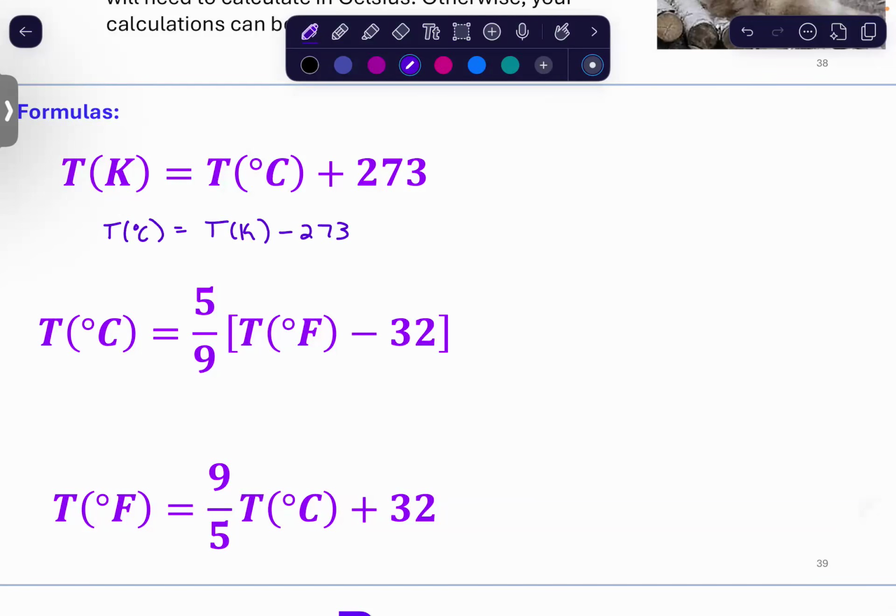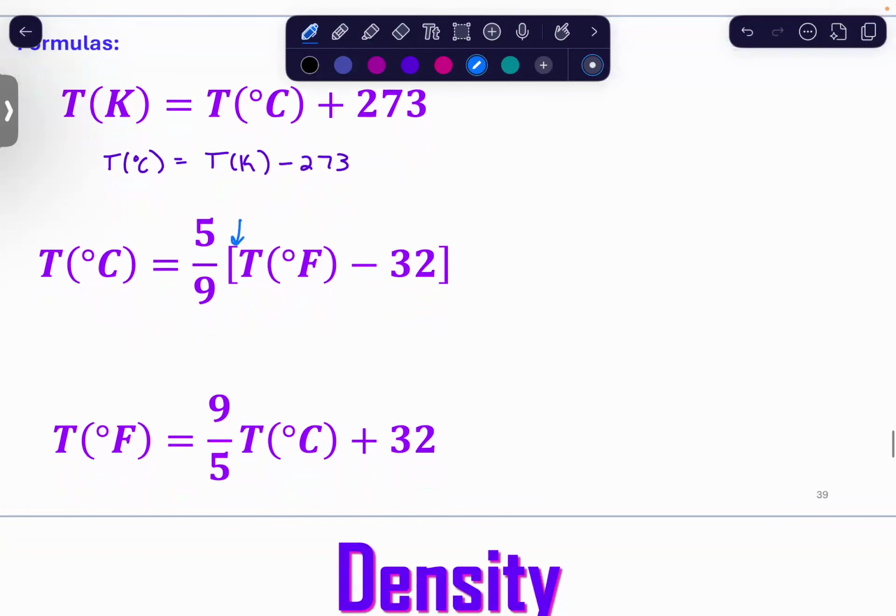The change from Fahrenheit to Celsius, now pay attention to your order of operations. Notice the brackets. That means you're going to do your temperature Fahrenheit minus 32 first, then multiply by the 5/9. Otherwise, if you want to change Celsius to Fahrenheit, you have this here.